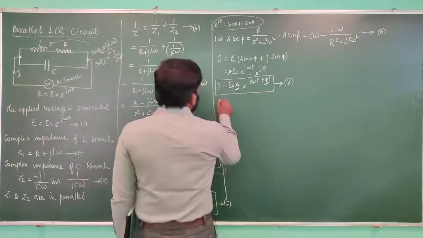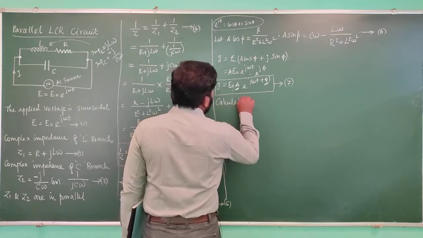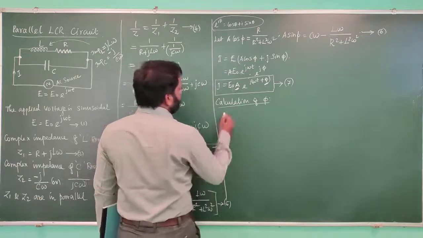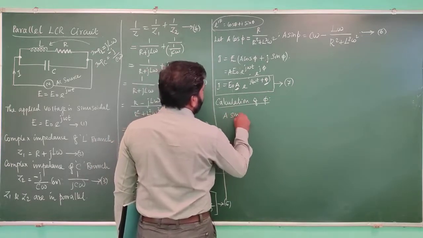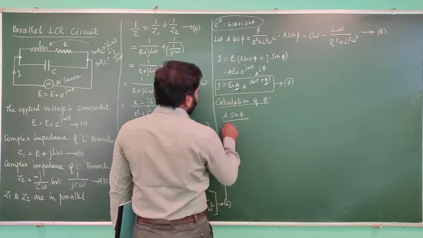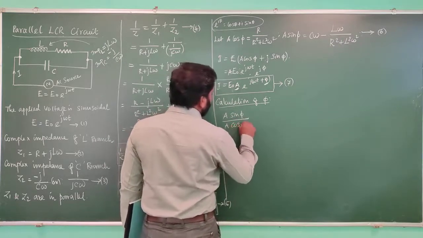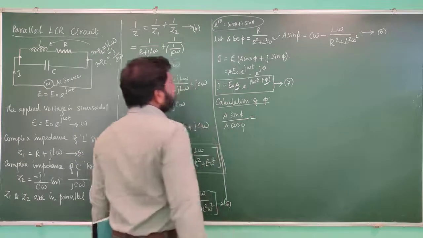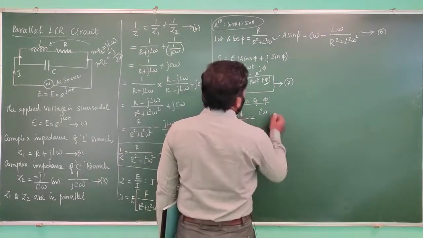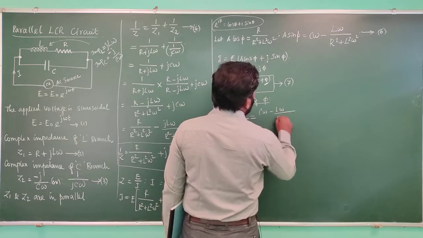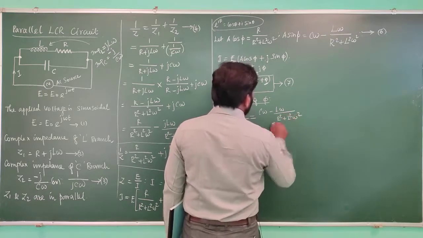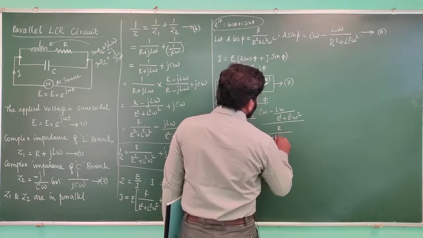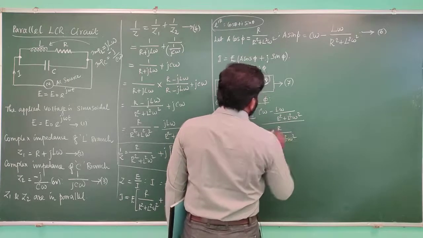For that, calculation of phi. How to calculate phi? Let's take A sin phi and divide it by A cos phi. This is equal to (C omega minus L omega divided by R square plus L square omega square) divided by (R divided by R square plus L square omega square).